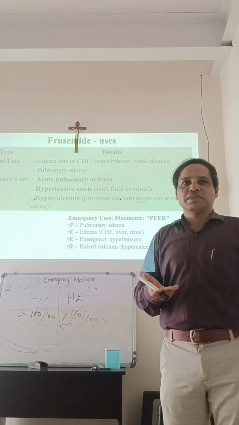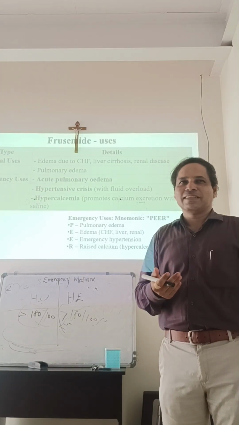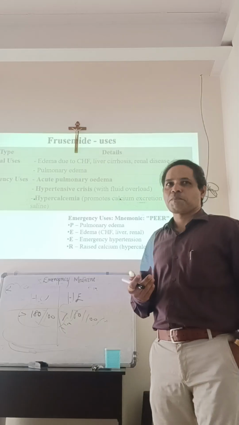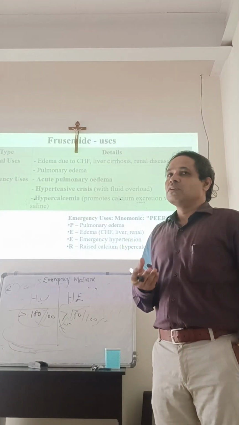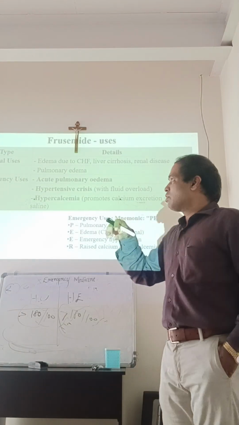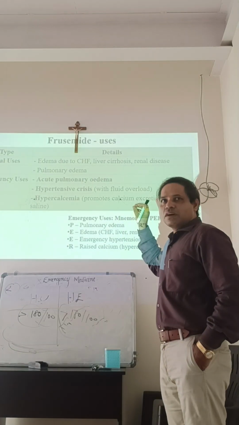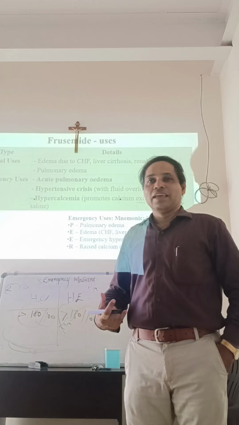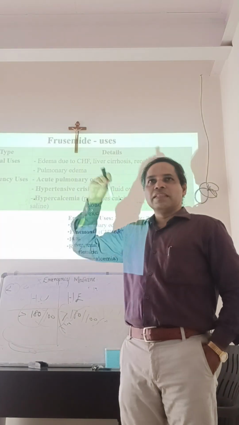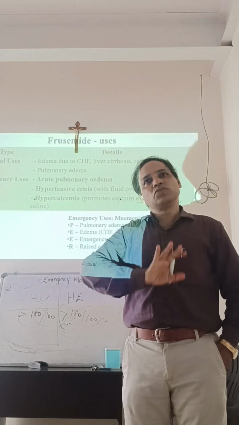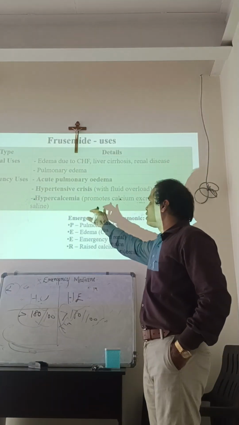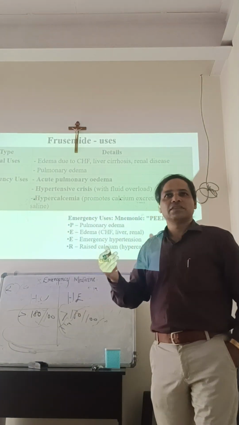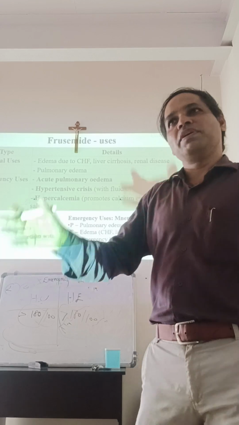If I use diuretics, what happens? We already told: if you are not using the diuretics, the calcium and magnesium would get reabsorbed. Because you inhibit the transporter, the calcium and magnesium are not reabsorbed, they go in the urine. So if the calcium level in the body increases, you give diuretics to remove the excess calcium.